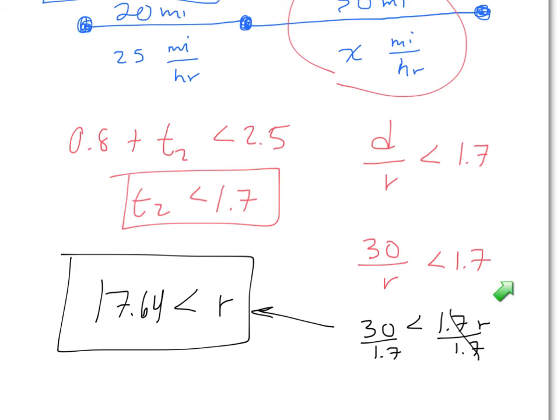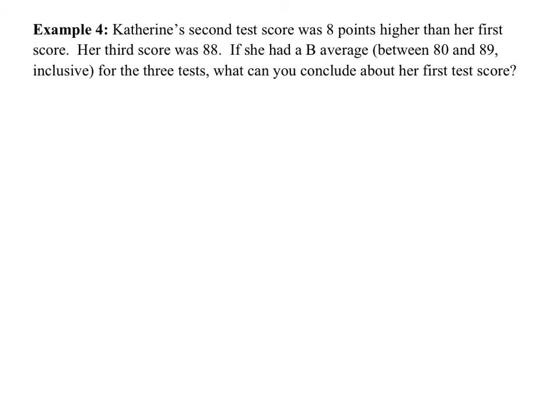Okay, that gives you r equals 30 over 1.7, which is approximately 17.64 miles per hour. And I need units, so let me write them. Okay, miles per hour. So to the nearest mile per hour, it would be 18 miles per hour, at least. Anything less than this, and John would not finish the race in time.